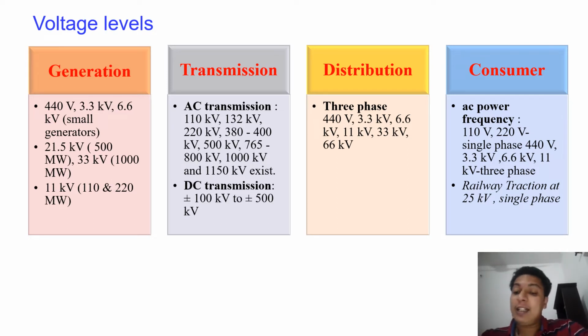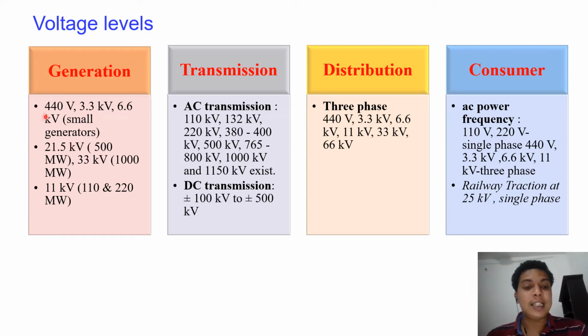When such a need arises, your insulation thickness and dimensions increase, so your generator size will increase. Above some size you cannot design a generator in an efficient way. That is why generation is always at lower voltage.